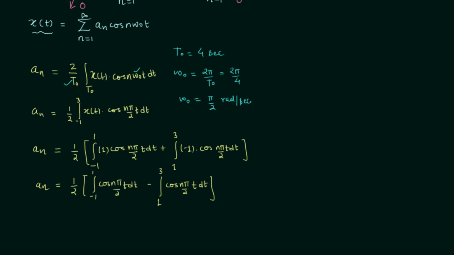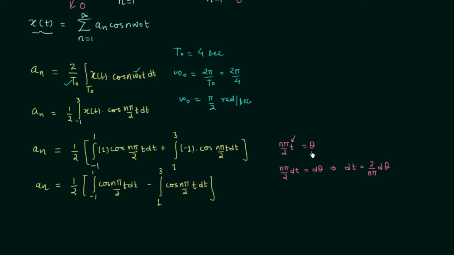To perform the integration, we will assume n pi by 2 t equal to theta, and to find the very small value of theta, we will focus on t because n pi by 2 is a constant. So if we have n pi by 2 times a very small t, we will get a very small theta, which is d theta, and from here we can say dt is equal to 2 over n pi d theta.